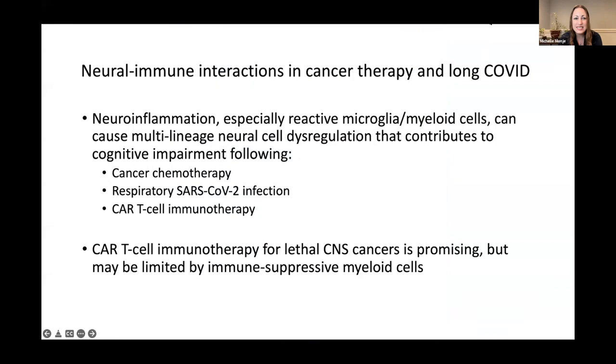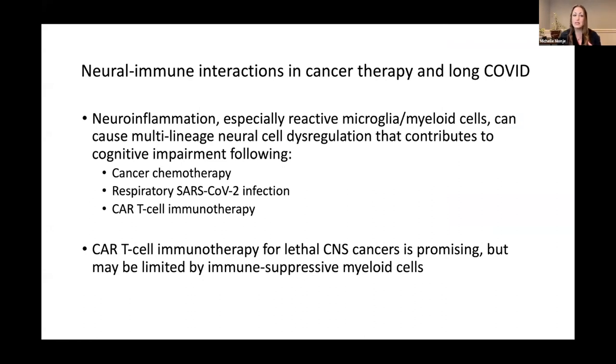And so today, I'm hoping that by the end of this 15 minutes or so I've convinced you that neuroinflammation, especially reactive microglia and other myeloid cells, can cause multilineage neural cell dysregulation that contributes to cognitive impairment in multiple different disease contexts, including after cancer chemotherapy, after even relatively mild respiratory SARS-CoV-2 infection, and after CAR T-cell immunotherapy.